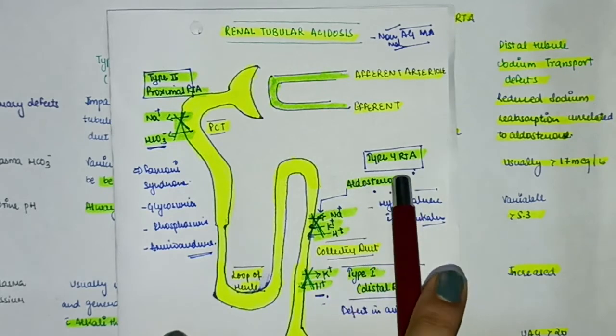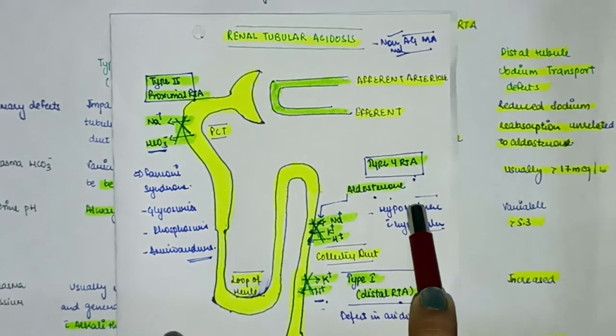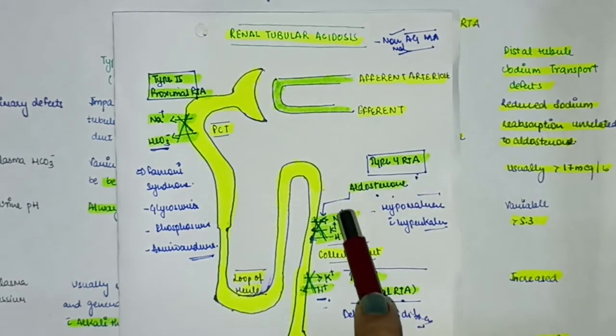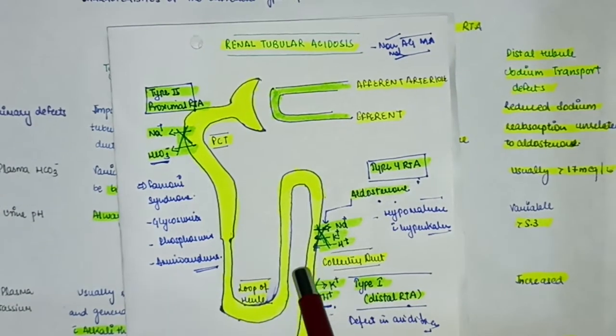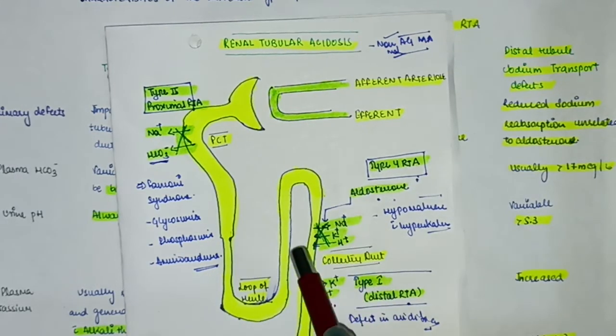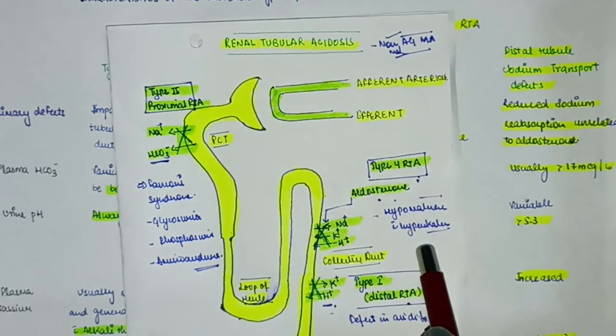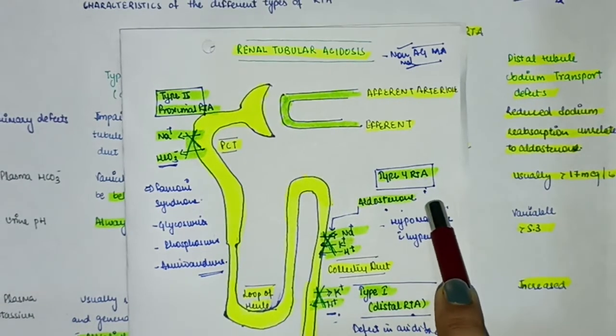Type 4 RTA is usually associated with hypoaldosteronism, which is seen in long-standing diabetic patients and CKD patients. There is hypoaldosteronism resulting in hyperkalemia and impaired hydrogen ion secretion in these patients. So there will be hyporenemic hypoaldosteronism in type 4 RTA, very commonly seen in diabetic patients.